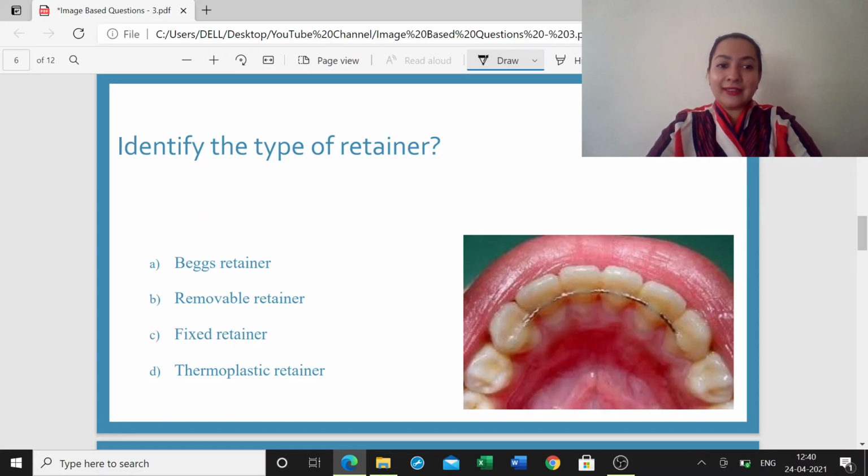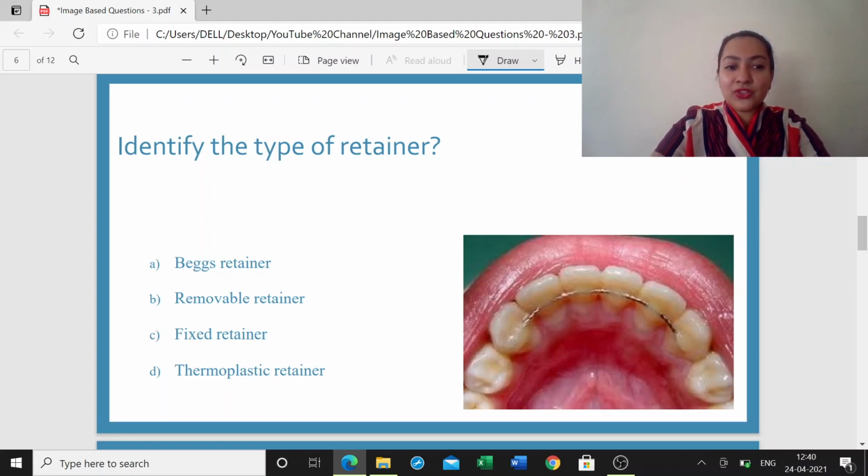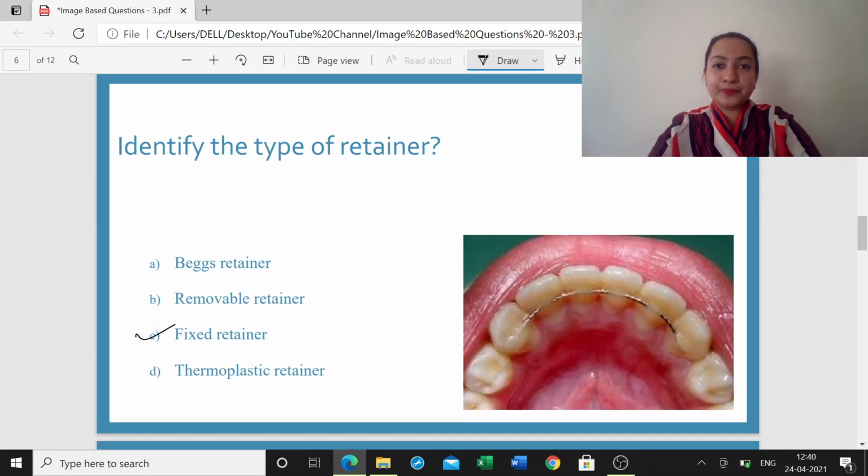Next type of retainer is this retainer, which is a fixed retainer. Coming to the broad classification of retainers, retainers can either be fixed or they can be removable. If they are fixed, they cannot be removed by the patient. In case they are removable, the patient can remove it at his or her own will. Examples of removable retainers are Hawley's retainer and thermoplastic retainers.